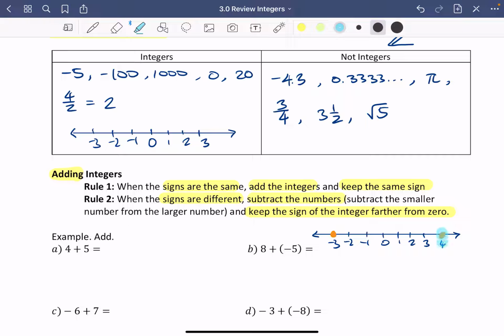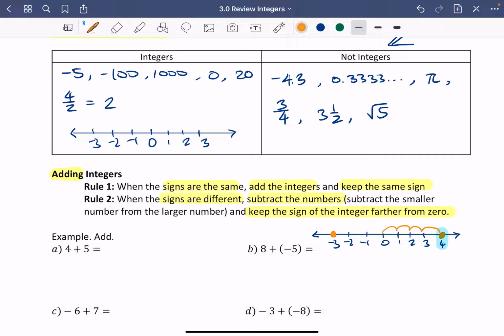Well, of course, 4 is the number that's further from 0 because there are 1, 2, 3, 4 units between 0 and 4, but there's only 1, 2, 3 units between 0 and negative 3. So 4 is further away. So we'll say that 4 is further, and that's what it means.